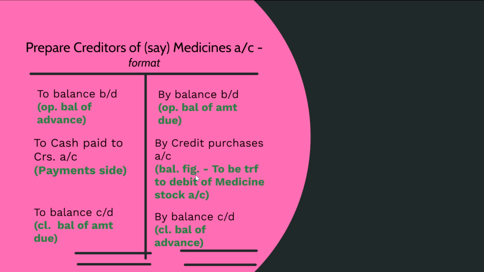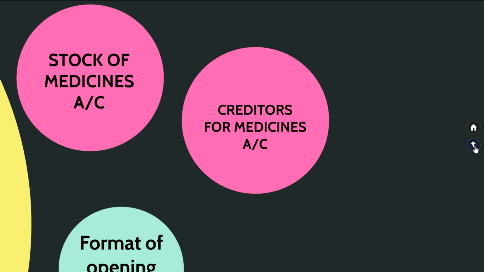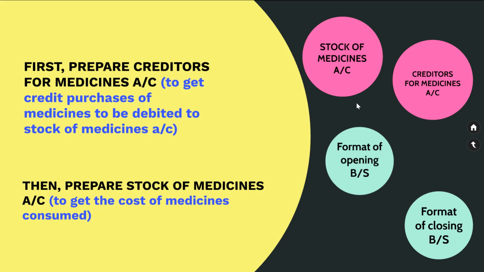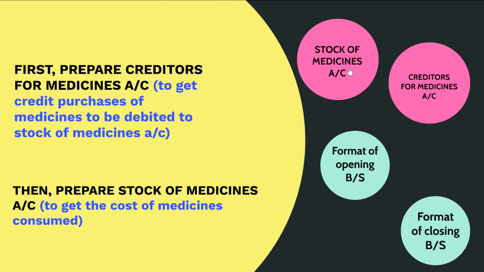So this is the format of the creditors of medicines account, and this account has to be prepared so that we can find out the credit purchases of the item. Now once we find out the credit purchases, we can go forth to prepare the stock of the medicines account.